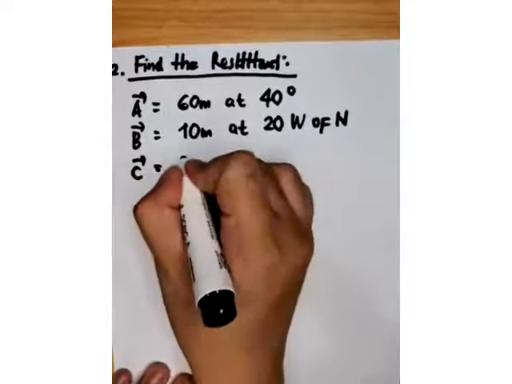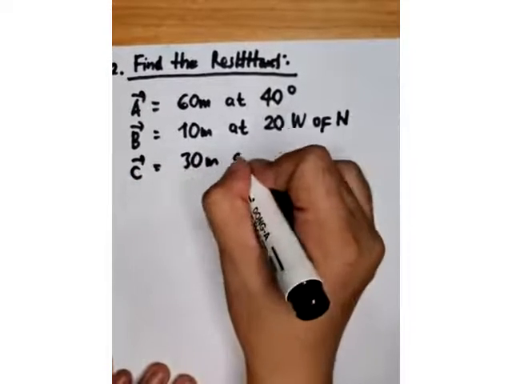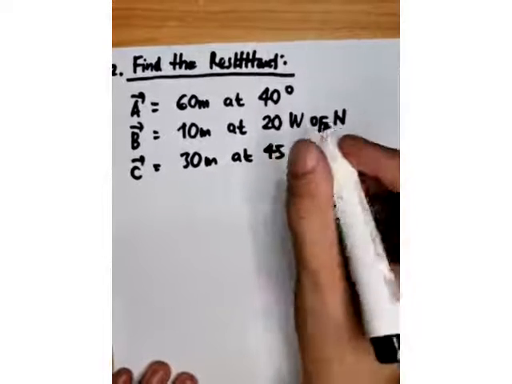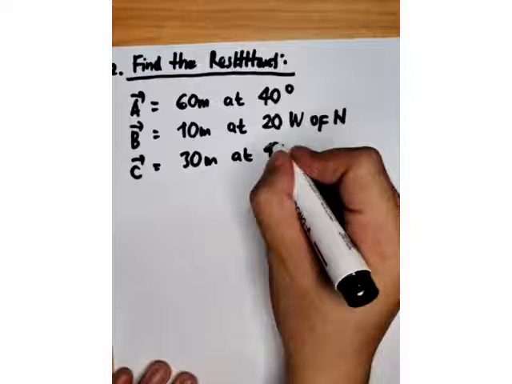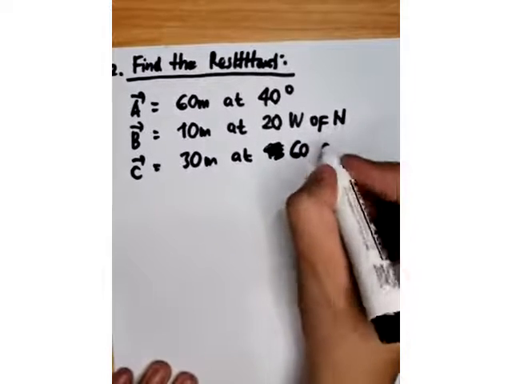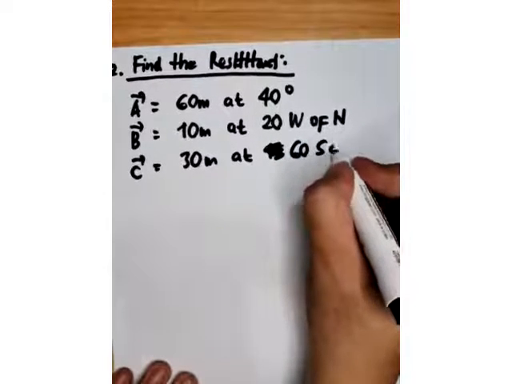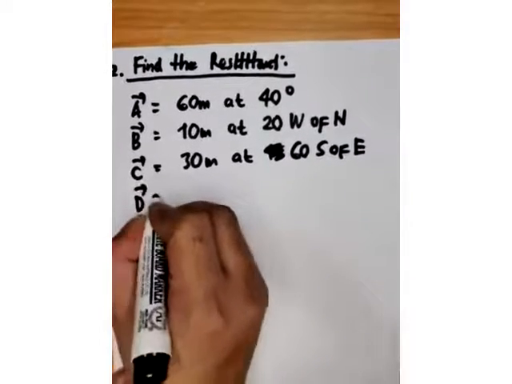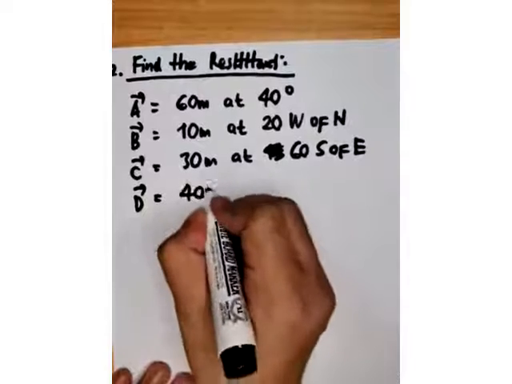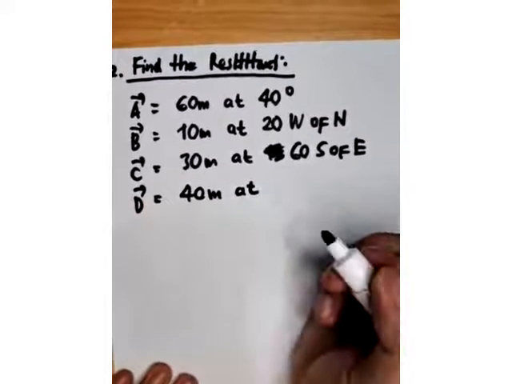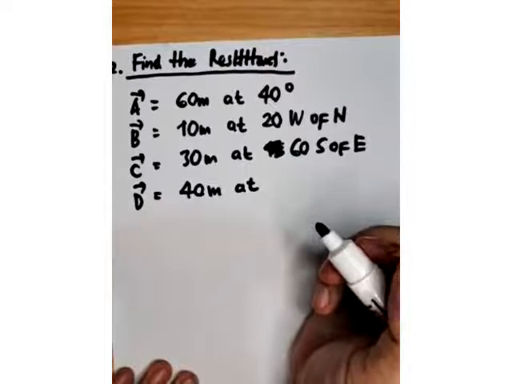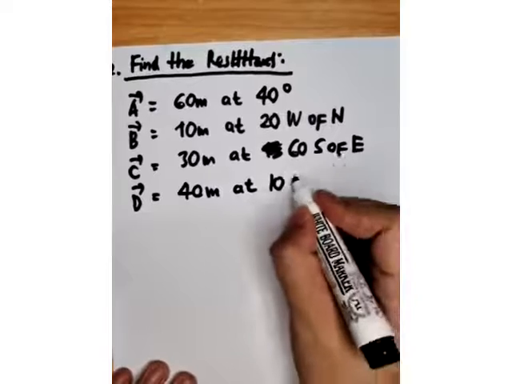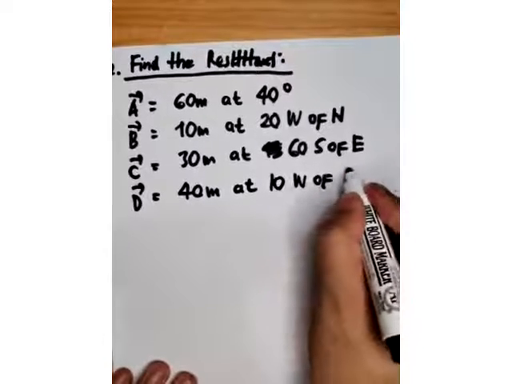C, 30 meters at 60 degrees south of east. And then vector D is equal to 40 meters at 10 west of south. Ayan.